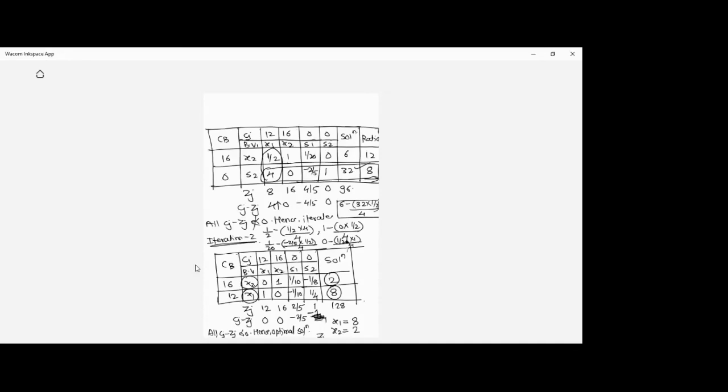And your Z max is nothing but 128. So this is the final answer that you are going to get. The x1 value is 8, the x2 value is 2, and the Z max value is 128, and that finishes your entire numerical.